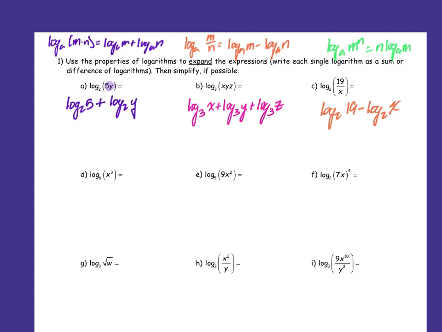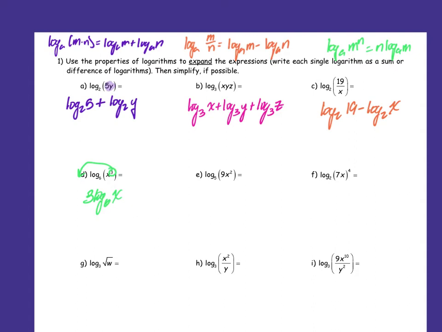The m and the n might be in the wrong place, but I'm pretty sure that's what it says as far as where the variables go. So I have an exponent here. I'm just going to move it to the front. So this becomes 3 log base 6 of x, and that's it. Done. Okay.